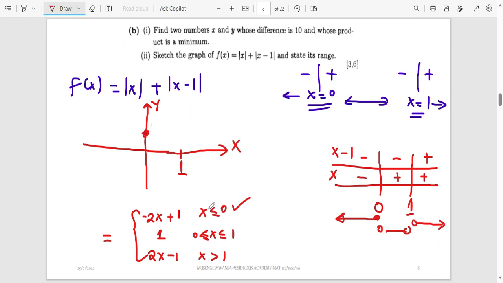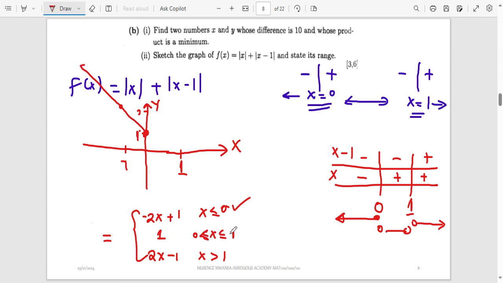Remember, this one is only valid for values of x less than 0. To get a negative 1, it's also less than 0. You put where there is x. Negative 2 times negative 1 is a positive 2 plus 1 is a 3. So we are having negative 1, comma 3. This is another coordinate. This is the linear equation. Two points are enough. So this function will be going like that.